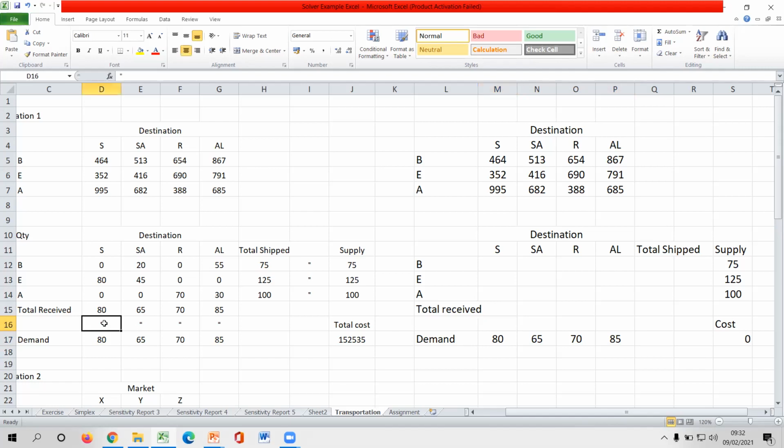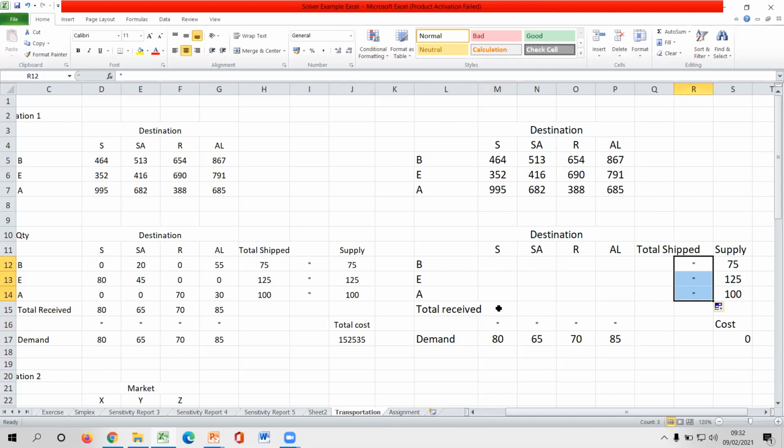Therefore, we are using this equal sign. For the supply also we can use exactly the same supply to fulfill the market demand, so in here also we are using the same equal sign for the required symbol.